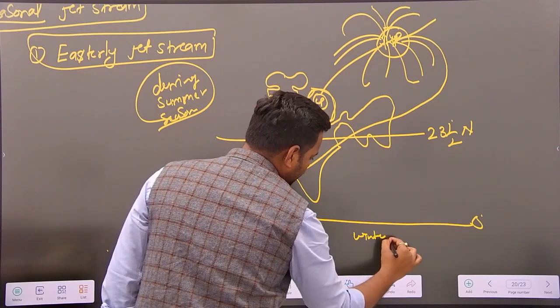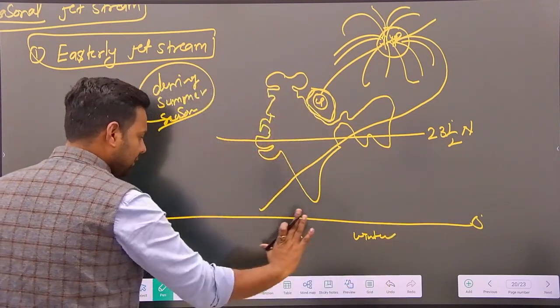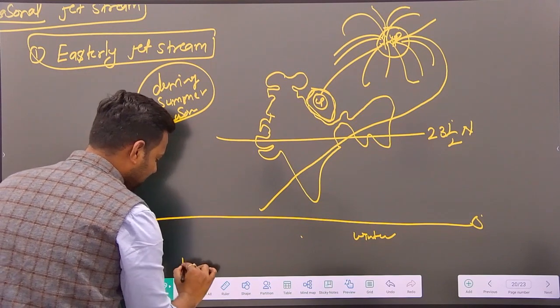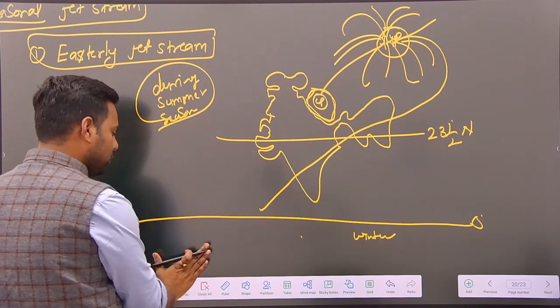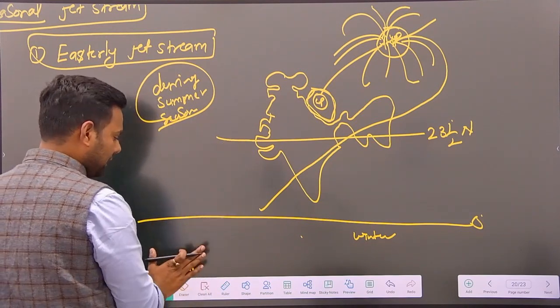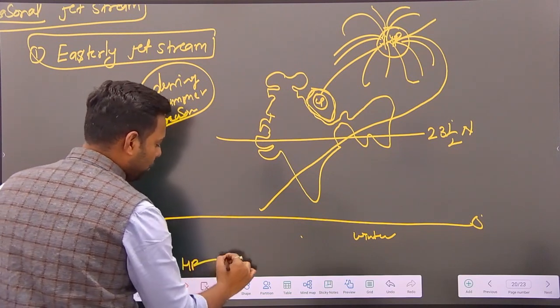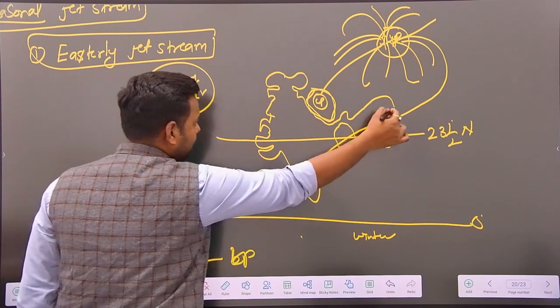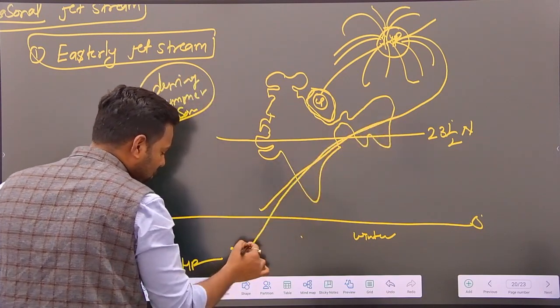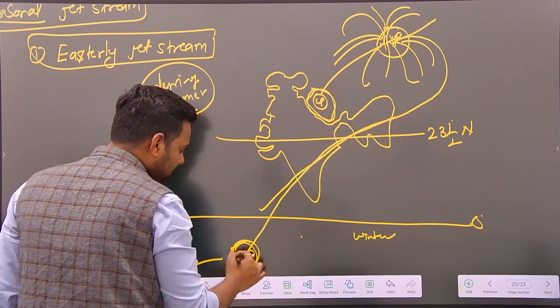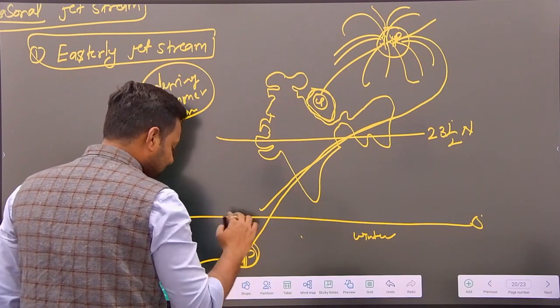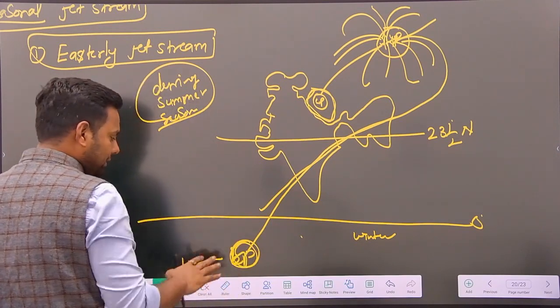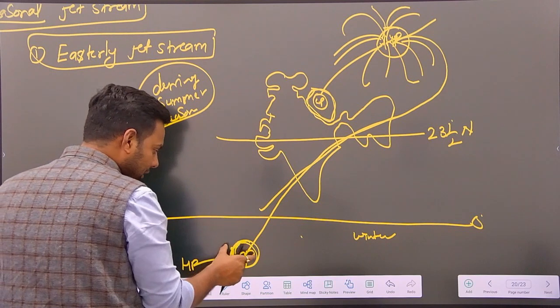In the winter season the surface develops high pressure, and the atmosphere above it develops low pressure. Winds move from high pressure to low pressure. And when the winds accumulate here in the southern and Madagascar region, there is a subsidence of air.